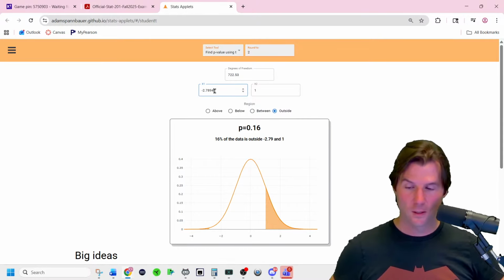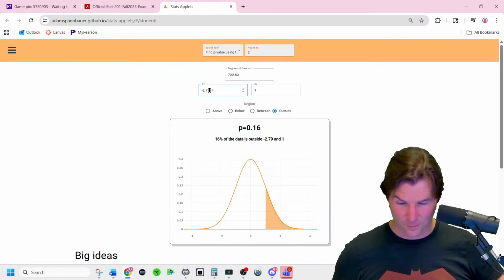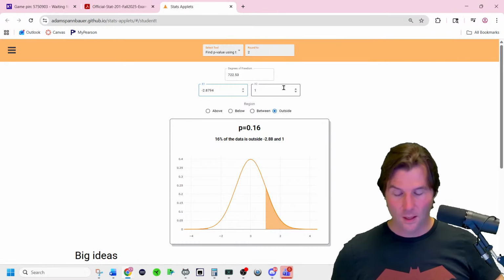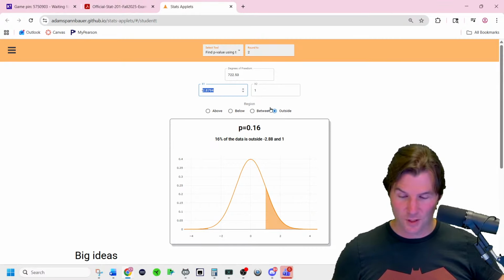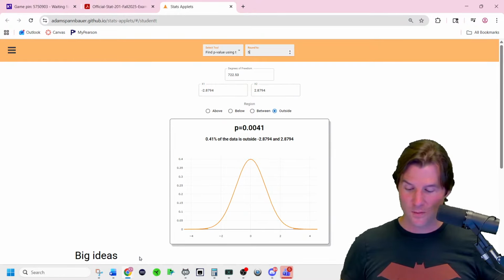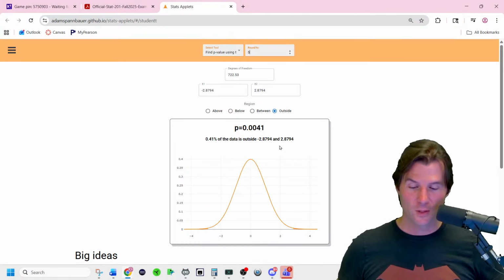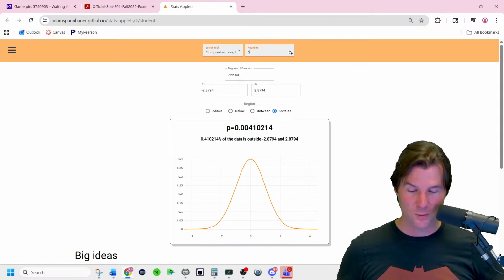There we go. 2.8794. And then we're going to do the positive version because this is the absolute value on the other side. And here is the p-value right there, 0.0041. I think that was on the previous output, though. But here's the p-value right here. And we could even do some more decimals to it. But that is the p-value right there.